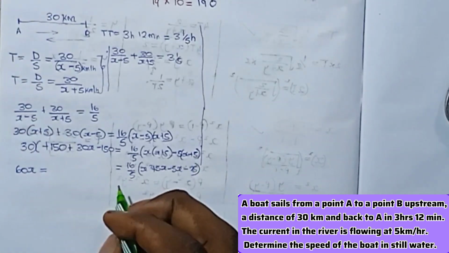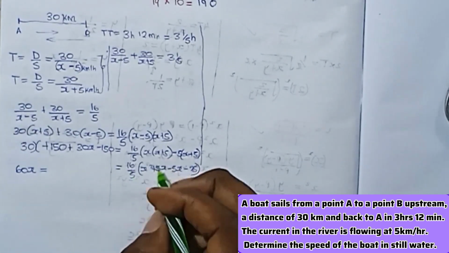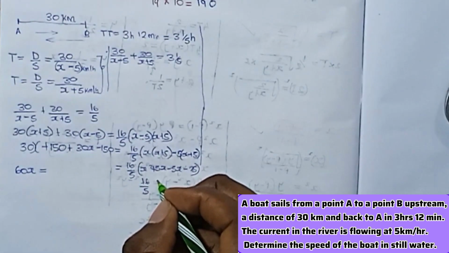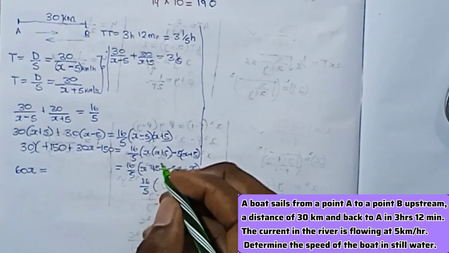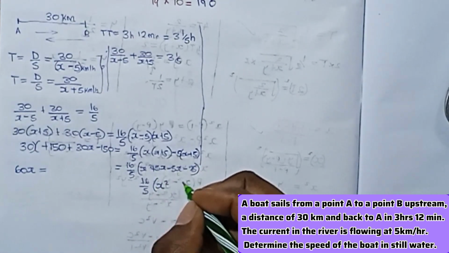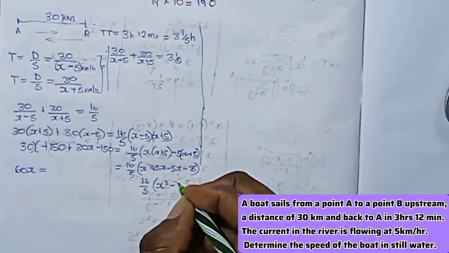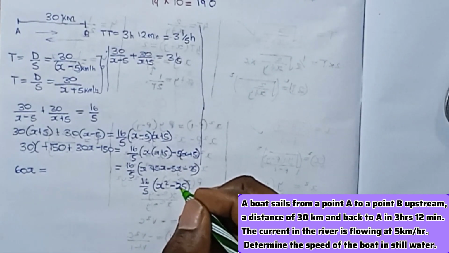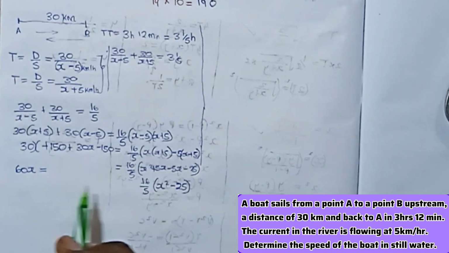So we have 16 over 5 into bracket x square, where 5x minus 5x is 0, minus 25. That is what we have here.